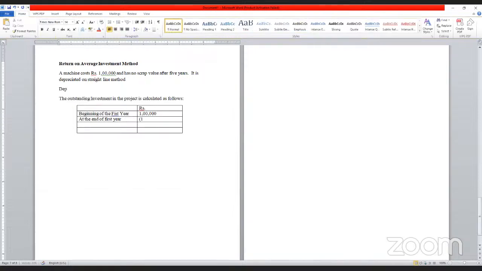I'll show you. Depreciation will be calculated as 1 lakh divided by 5 years. So 1 lakh divided by 5, how much you will get? 20,000.